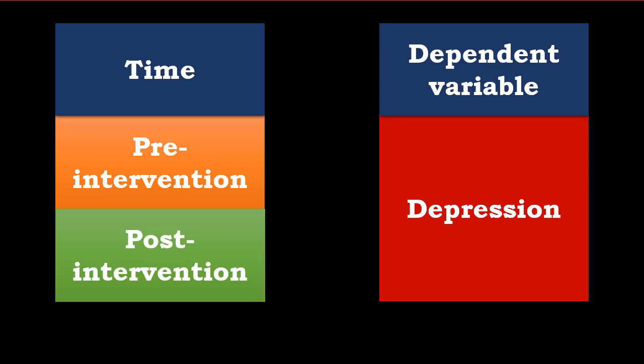So we've got one group of participants that we measure their depression before intervention, or pre-intervention, and the same group of participants, after they go through their psychotherapy, are measured again in depression. So we are going to compare the same participants before the intervention and after the intervention.